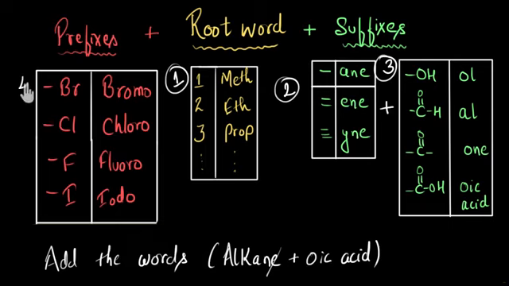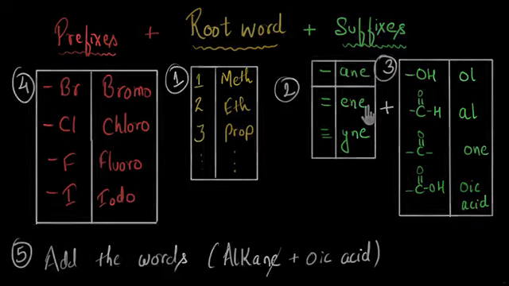And now fourth, if there are bromine, chlorine, fluorine or iodine, halogen functional groups, then you add a prefix to the root word. Now the fifth and the last step is you add all of these words to make a meaningful word. See, prefixes and root word, they add simply. Root word and ane, ene, yne, they also add simply. But when you are adding these oxygen containing functional groups to the ane, ene, yne, then remember to remove the last E and then only add the suffix.